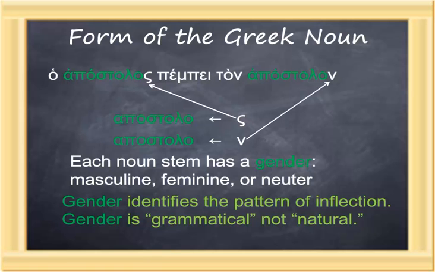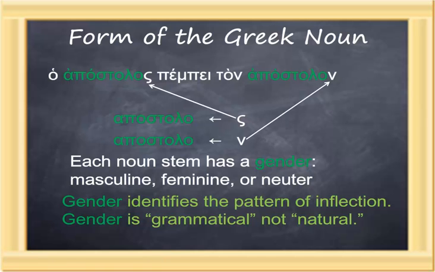The stem also helps us in another way, because each Greek noun has a gender, and that gender is conveyed by the stem. A noun is either masculine, feminine, or neuter. Now, let's not be confused here. Masculine, feminine, and neuter have to do with grammar, and they help us to recognize the pattern of inflection.